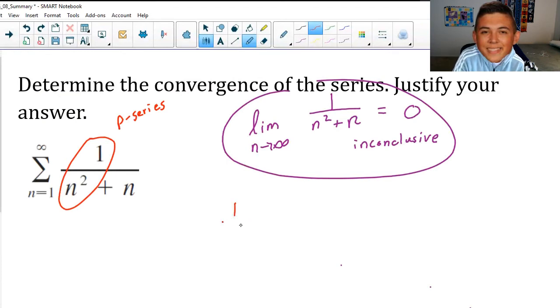So let me try to compare 1 over n squared and 1 over n squared plus n. N squared plus n would be a larger denominator, which means a smaller number.